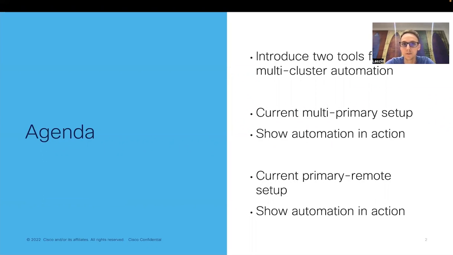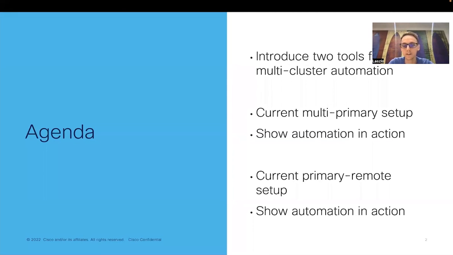But these are open source tools, so for everyone that might use it. So I will introduce these two open source tools, then I will briefly talk about the current Istio multi-primary setup, and I will show it in action how to do that with our two open source tools. Then I will touch upon the primary-remote setup and show it in action as well with our tools.